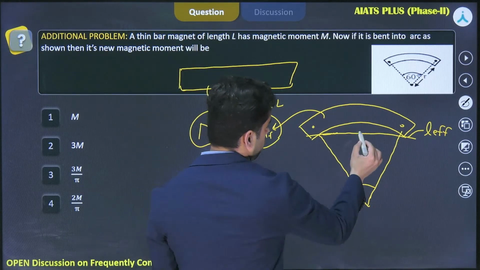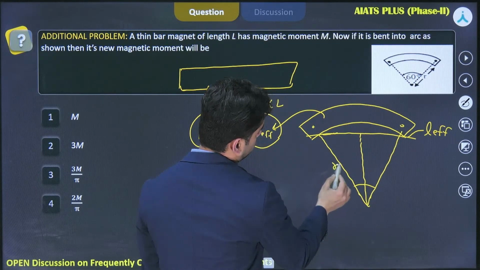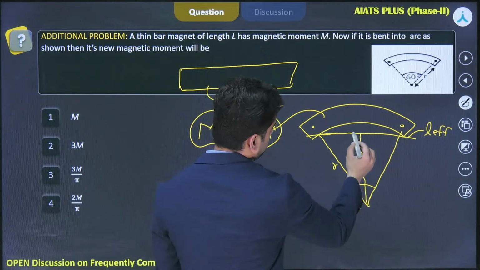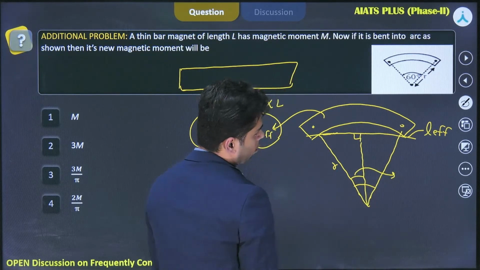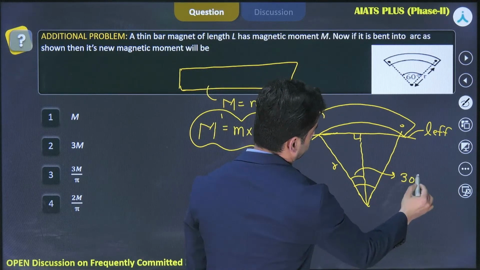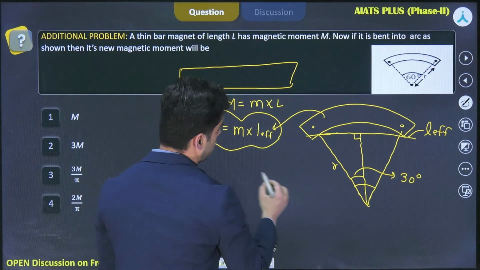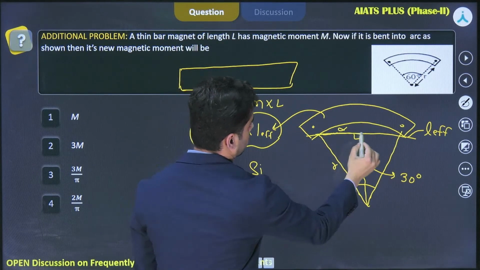Now, let me find the L effective for you. If this is R, and if this is 90, then this angle will be equal to 30 degrees. In this triangle, if I write sine 30, let me take this part as alpha.